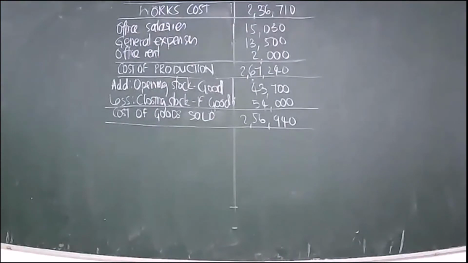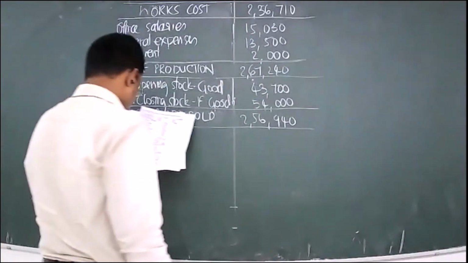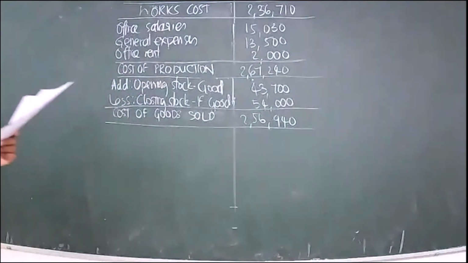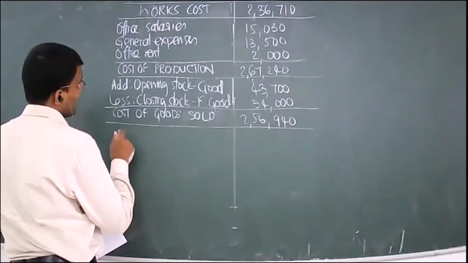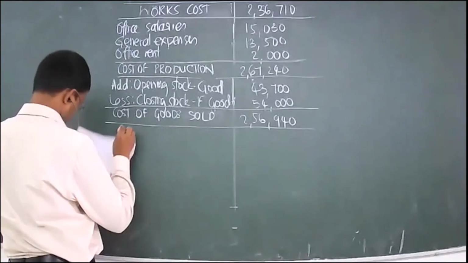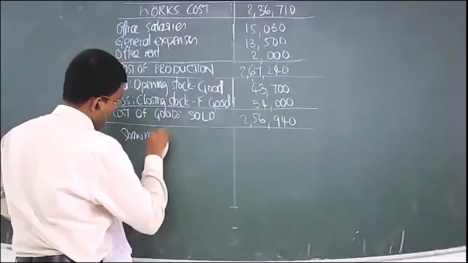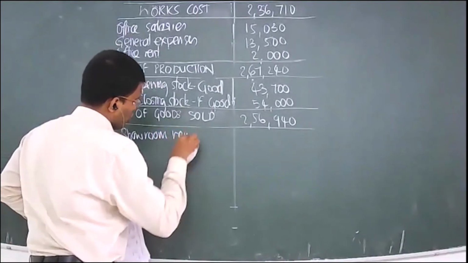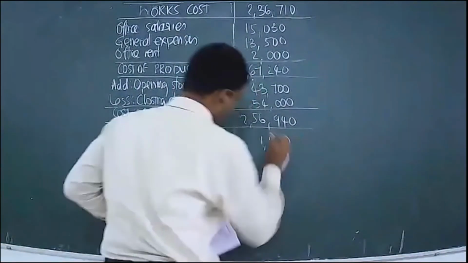Now the next step is that we have to consider the selling and distribution overhead. Let's look at what selling and distribution overheads we have. We have showroom rent, which is 1,200.